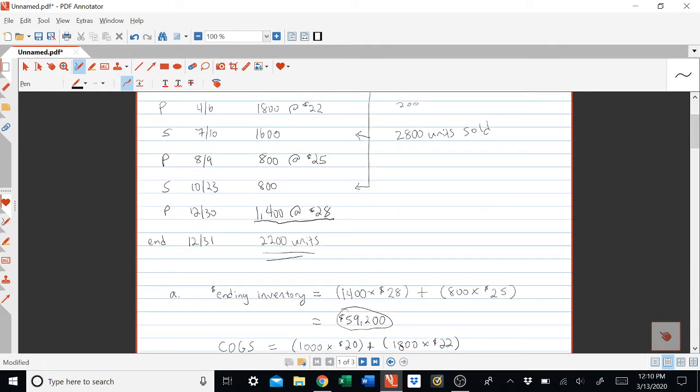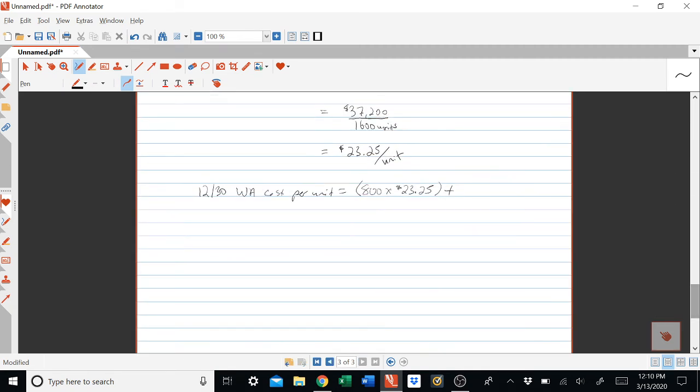Then on December 30th, we purchased 1,400 units at $28 a unit. So our cost of goods available for sale as of December 30th is this. And the number of units available for sale, of course, 800 plus 1,400, 2,200.